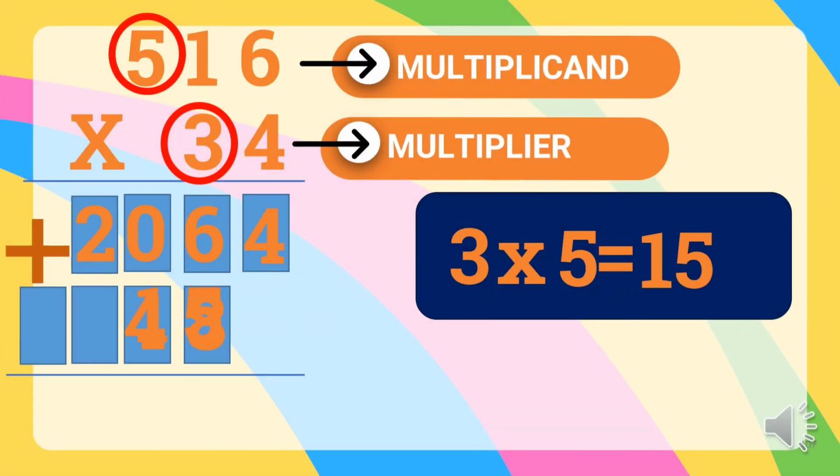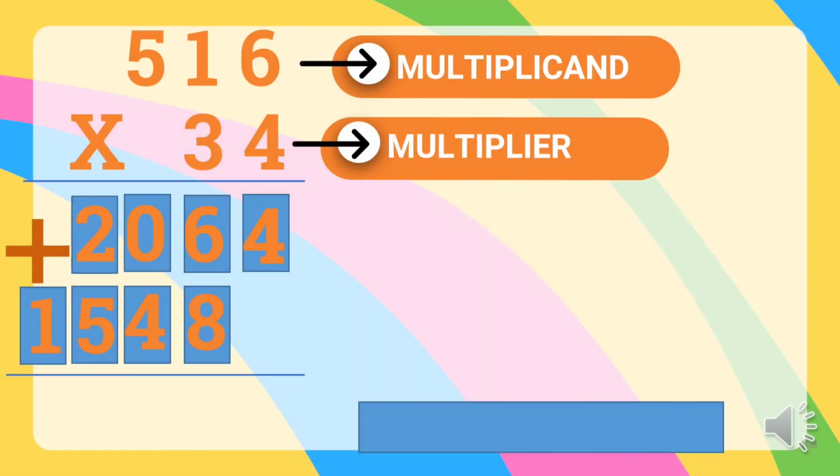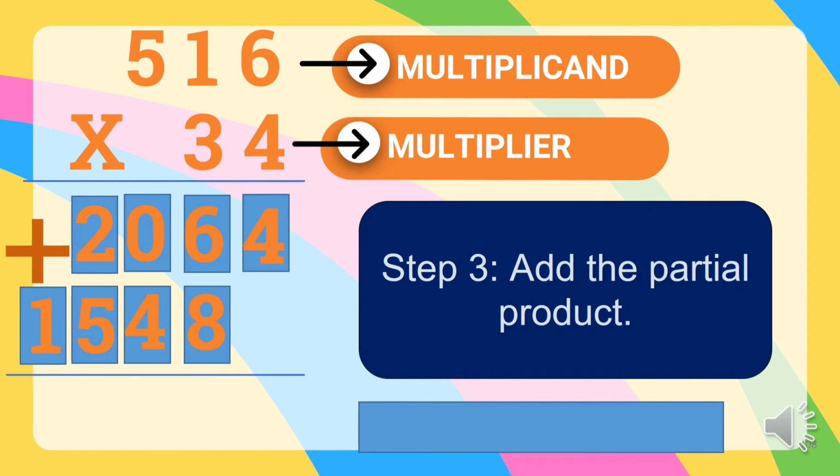So therefore, we have now the first partial product, which is 2,064, and the second partial product is 1,548. So step 3 is to add the partial products. 2,064 plus 1,548. So let's bring down 4. Then let's add 6 plus 8 is equal to 14.